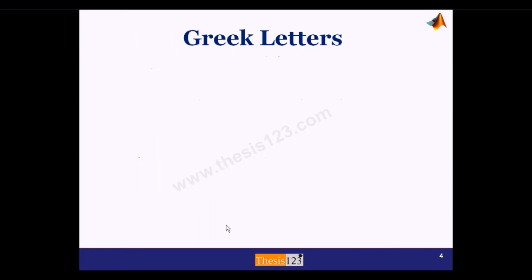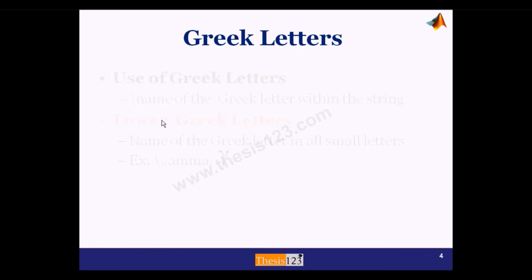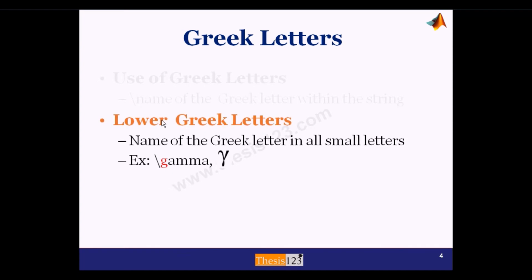And let us see how to use the Greek letters. You have to use Greek letters with a backslash followed by the name of the Greek letter. That is the format in the string where you want to use that Greek letter. For gamma, use backslash gamma, or for delta, backslash delta. If you want a lowercase Greek letter, then the first letter of the name should be a small letter.